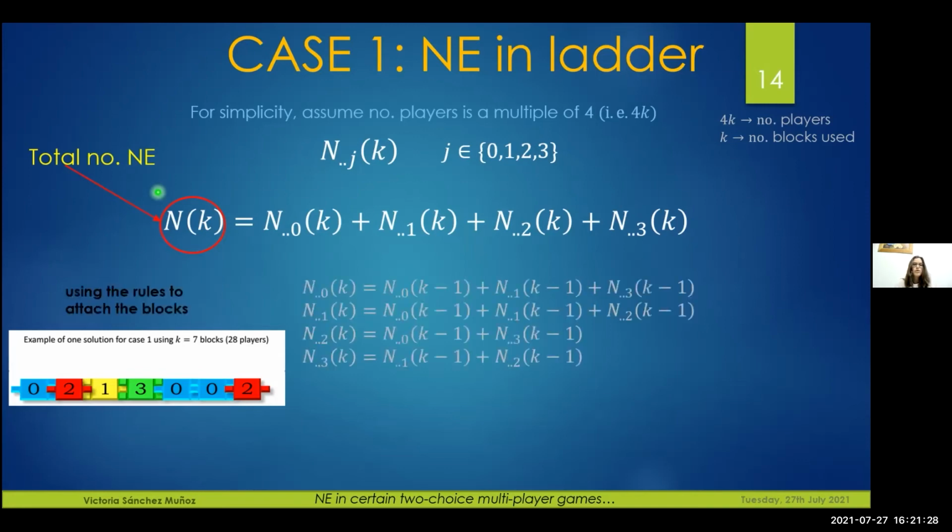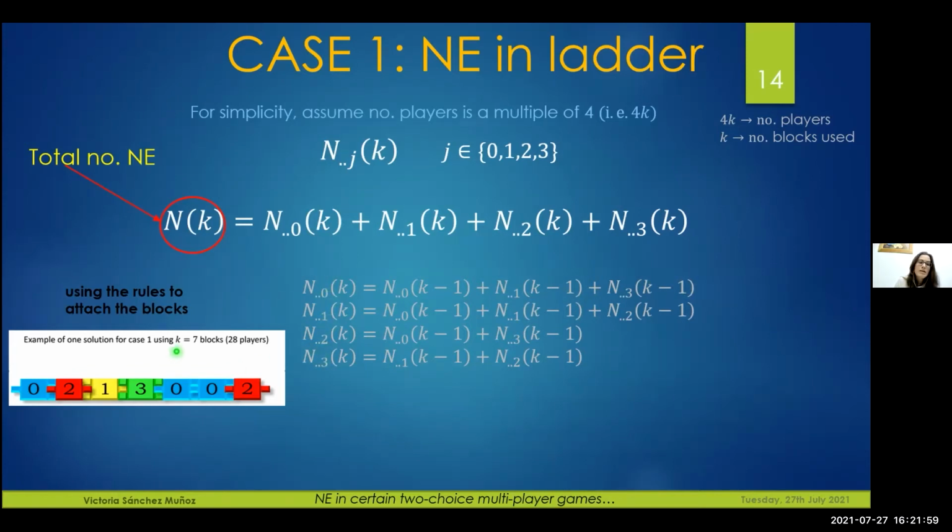So now we need to use the rules to attach the blocks. What that allows us is that we can relate the number of sequences of blocks ending in block 0 using K blocks to the number of solutions that end in block 0, in block 1, and in block 3, but with one less block than the original one, and so on for all the others.